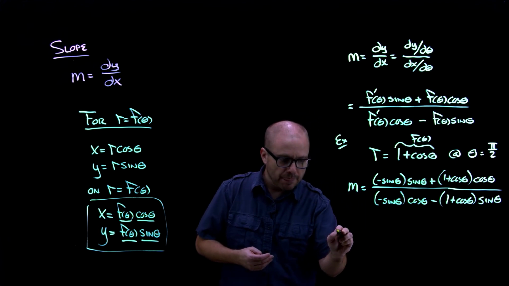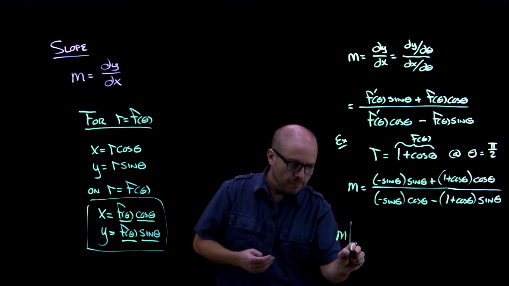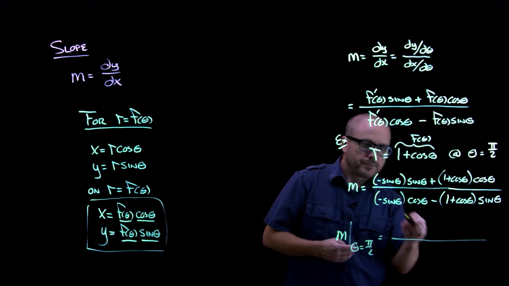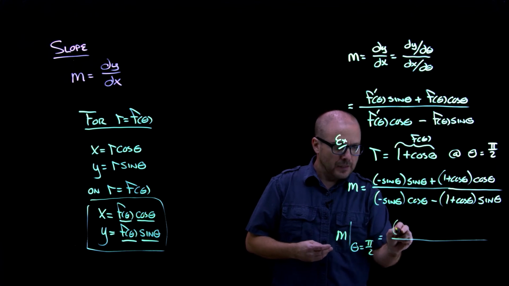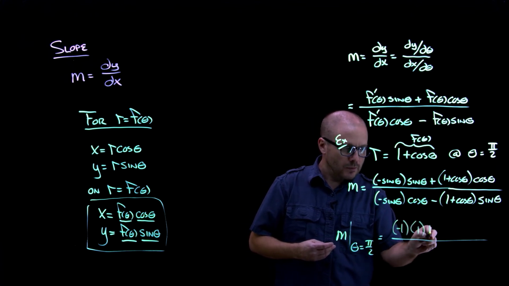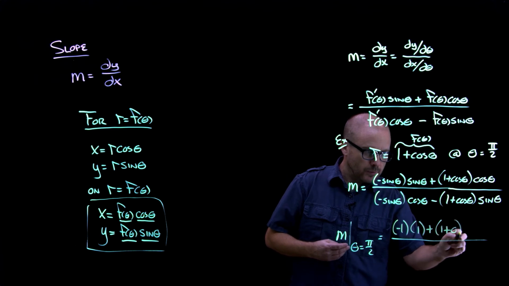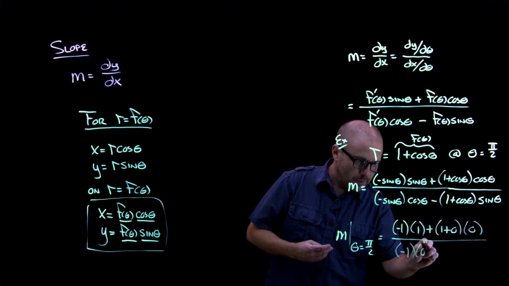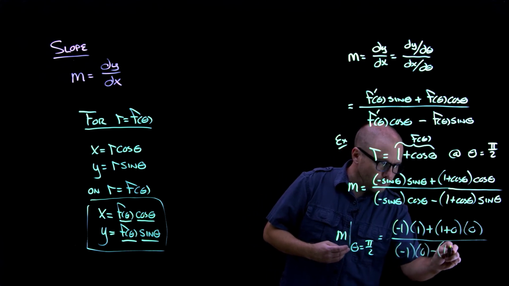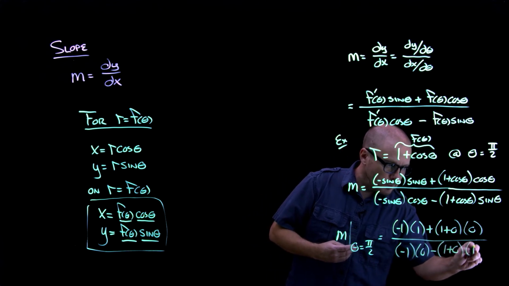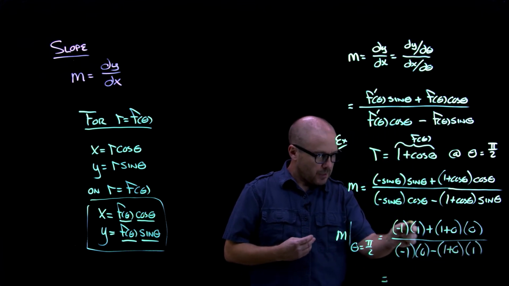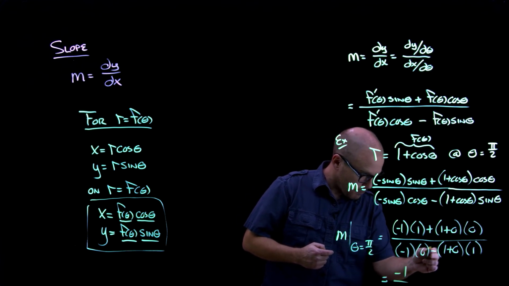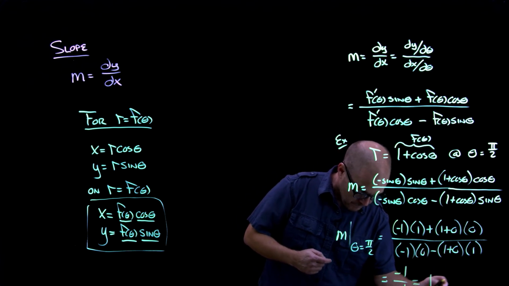So our slope at theta equal pi over 2 is negative 1 times 1, plus 1 plus 0 times 0, over negative 1 times 0, minus 1 plus 0 times 1. So what is that? Negative 1 plus nothing over nothing minus 1, or a slope of 1.